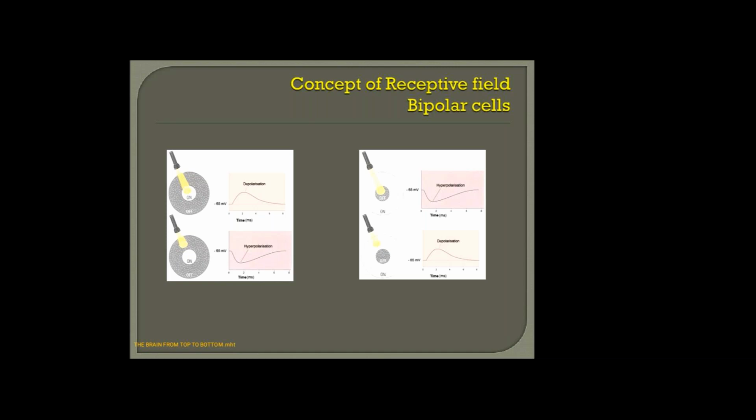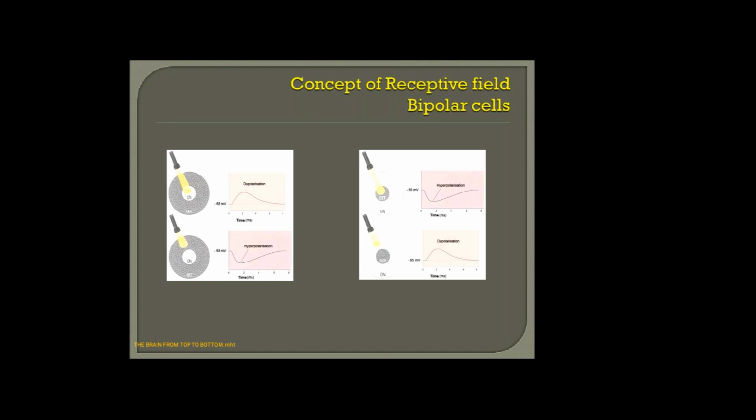The summary of this slide is: if light falls at the center of an on cell, the center is positively charged and the periphery is negatively charged. In an off cell, the center is negatively charged and the periphery is positively charged. So if light falls at the center of an on cell, it gets the peak.